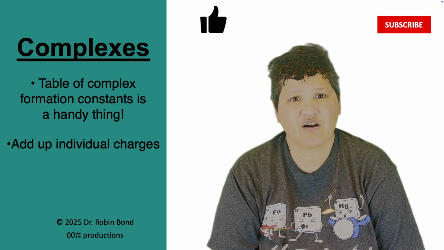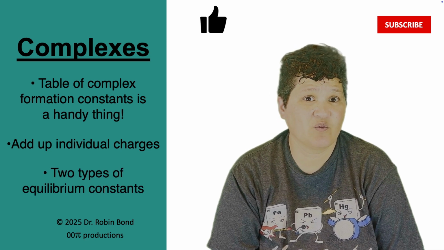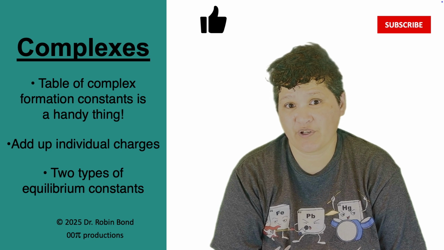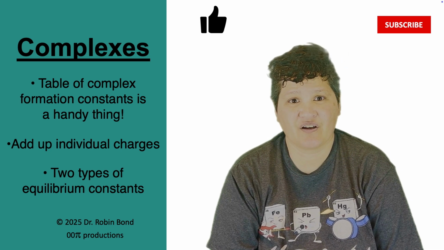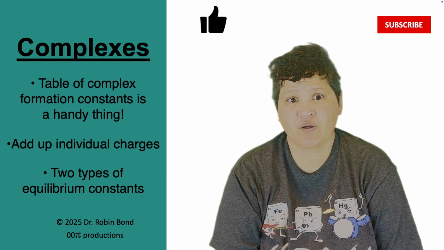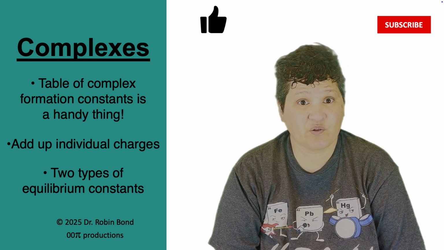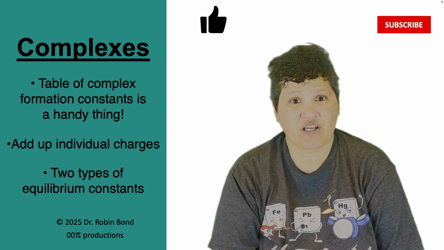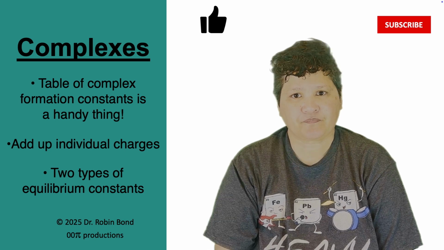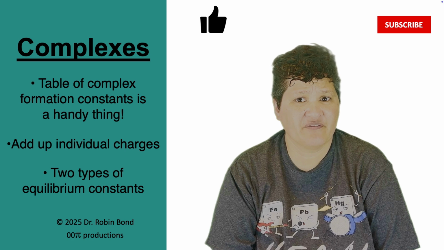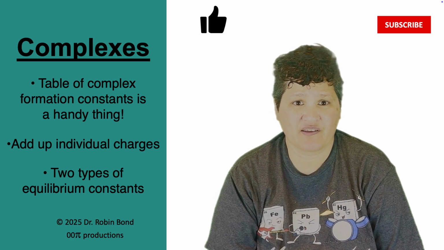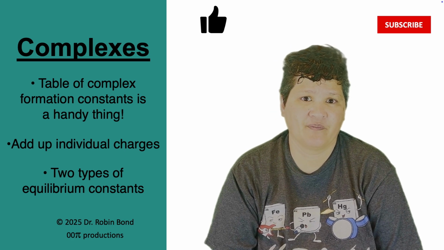And finally, for complexes with more than one ligand, we can either think of the formation equilibrium stepwise, in which case we will use the complex formation constant K sub F for each step, or else we think of it as the equilibrium for the overall reaction, in which case we use the beta constants. We'll talk more about how to use betas in the next video, and a video on the stepwise formation constants, the K sub Fs, will follow that.